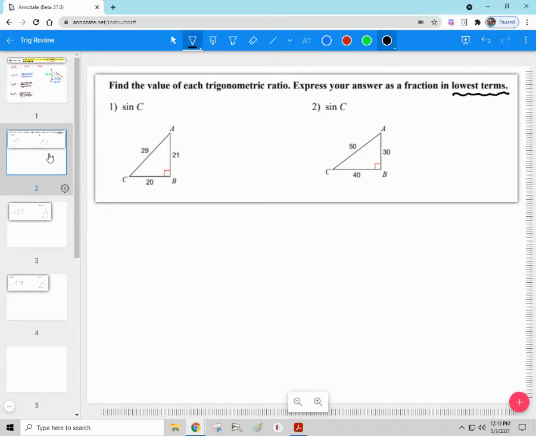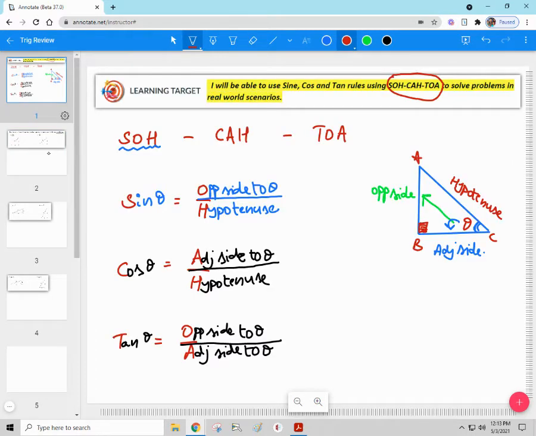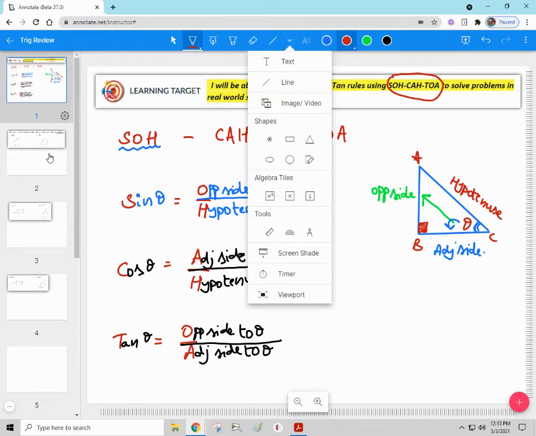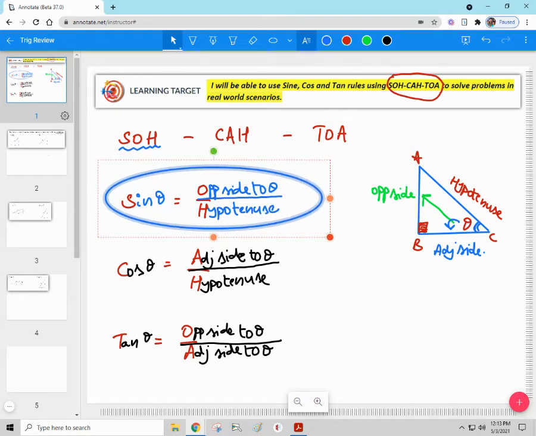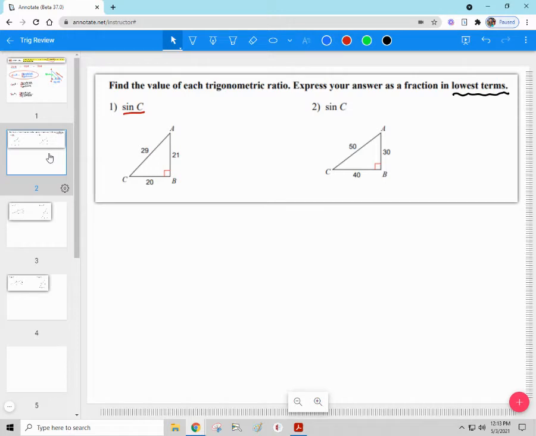First of all, just now we discussed that sine means opposite over hypotenuse. You know that. So opposite side to theta over hypotenuse. The same rule I'm using here.